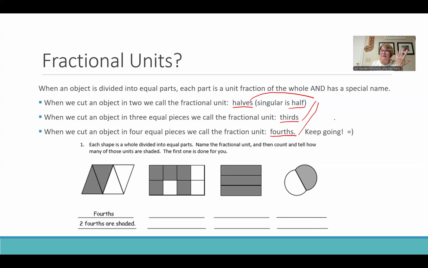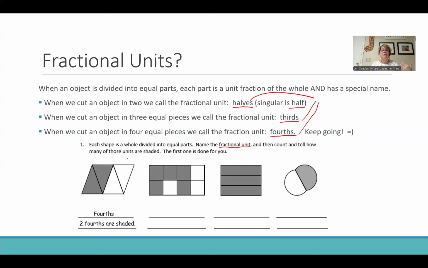Okay. Now that we know that, here's an interesting piece from the Common Core textbook in their workbook homework. It has these pictures, so they've already been practicing writing fractions, right? Like this would be 2 out of 4, this would be 5 out of 8. But now what we're highlighting is the fractional unit name. So they're having to call that name out first and then basically write their fraction in words.